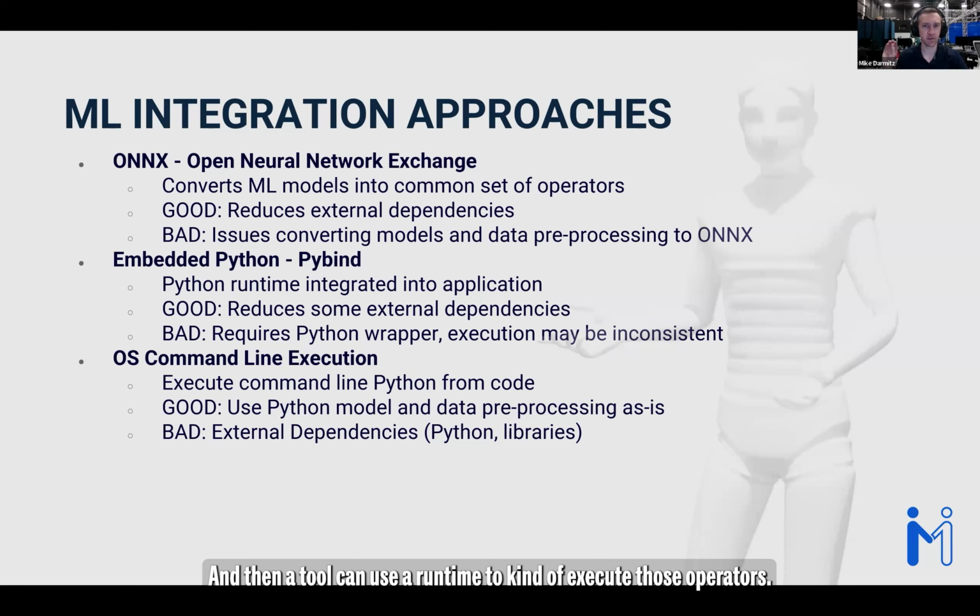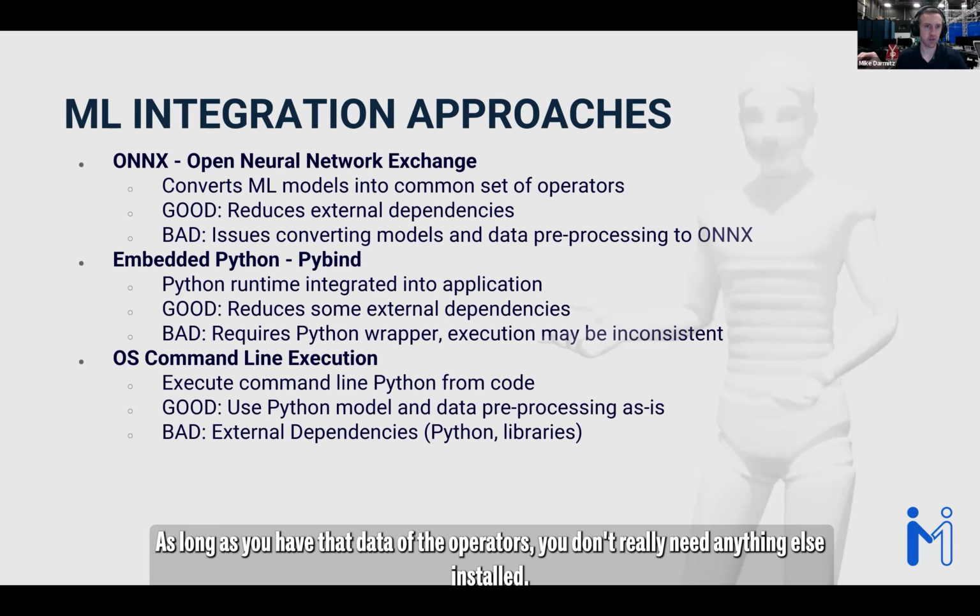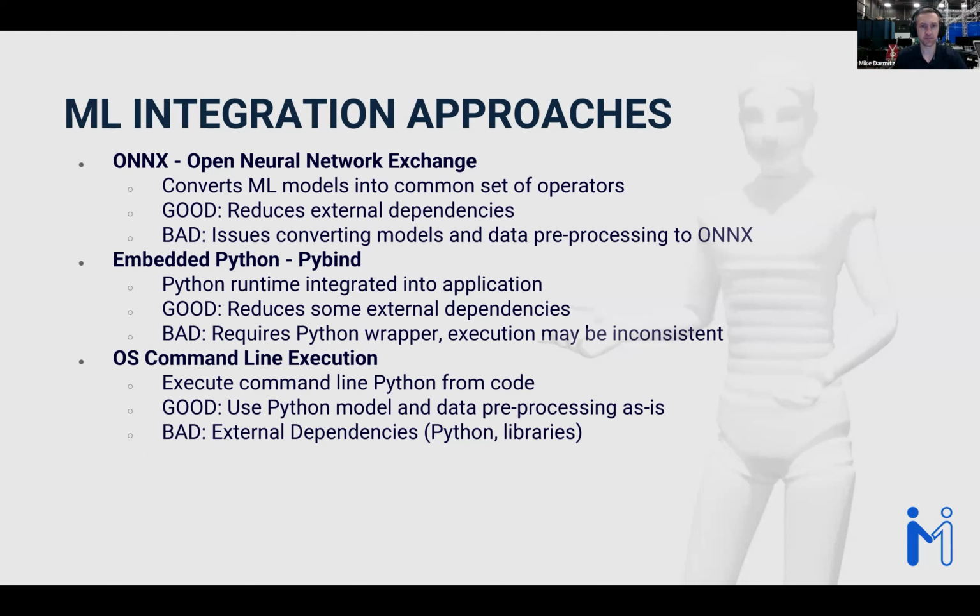And then a tool can use a runtime to execute those operators, could be directly from Unity or from Unreal. A really good thing about this is it reduces external dependencies. As long as you have that data of the operators, you don't really need anything else installed.